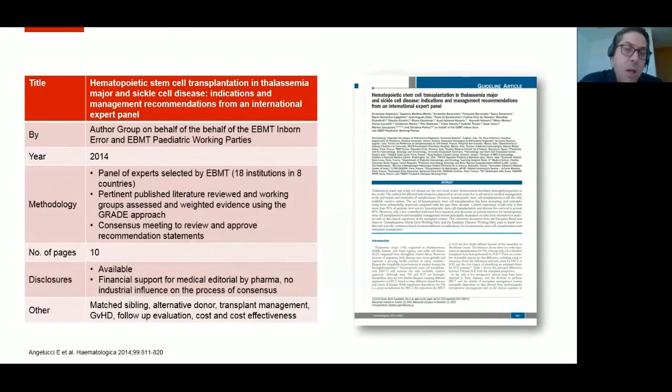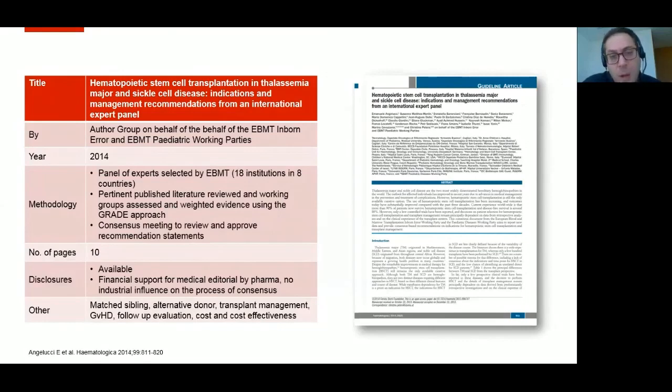There is also an international recommendation, but it's primarily coming from experts in Europe on behalf of the EBMT, specific to the use of transplantation in both thalassemia and sickle cell disease. Again, it went through a rigorous methodology of collection of evidence and a great approach for evidence assessment.